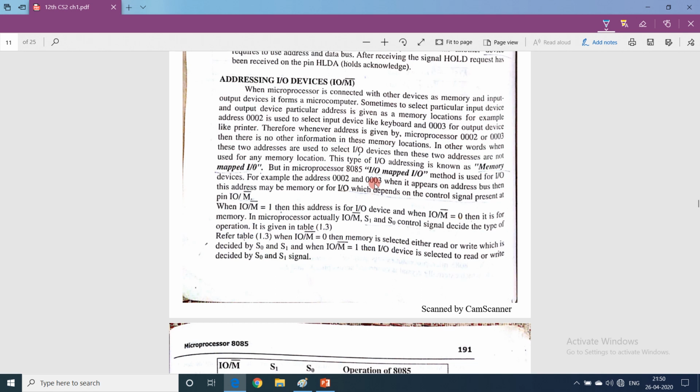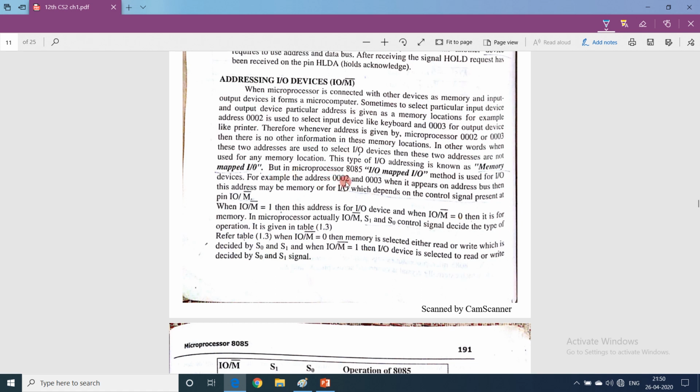We cannot use that memory location to store any data. But this is not so with the IO mapped IO method. If a particular memory location is used to address an input device, that memory location can also be used to store data. Let's see how.